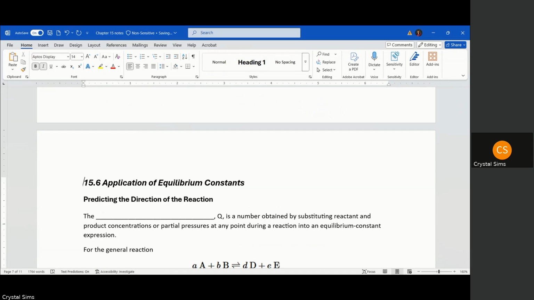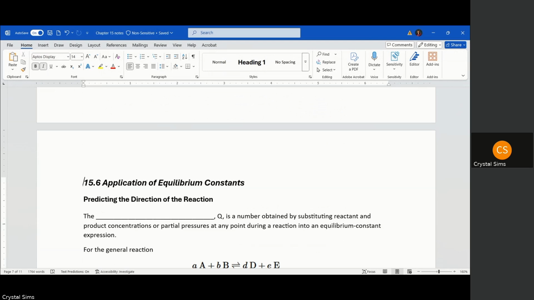Number one, it allows us to predict the direction of the reaction. So which direction is it going to go to achieve equilibrium? And then it allows us to calculate the equilibrium concentrations of our reactants and products.